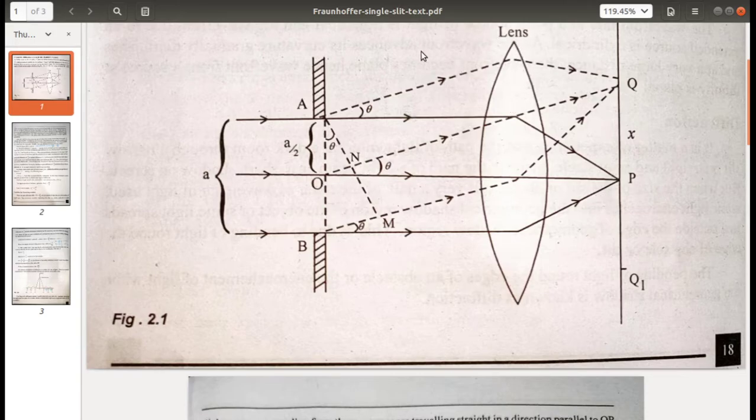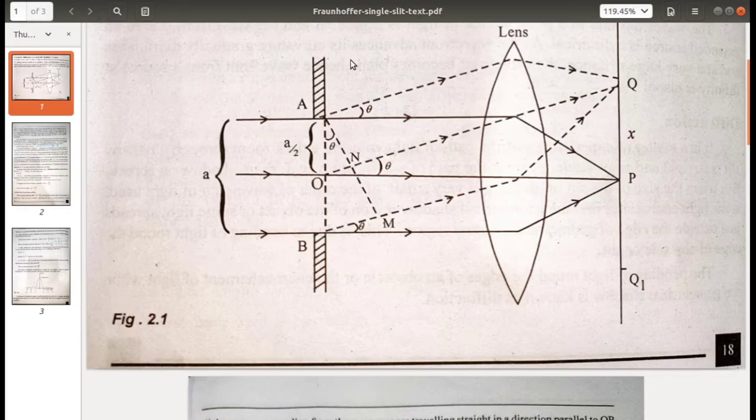That is, imagine this lens is placed very close to this slit. Then if this is the position of the lens, from this point this distance will represent the focal length of this lens.